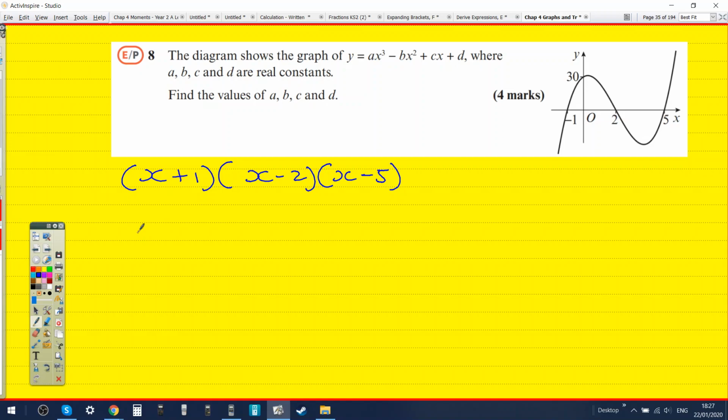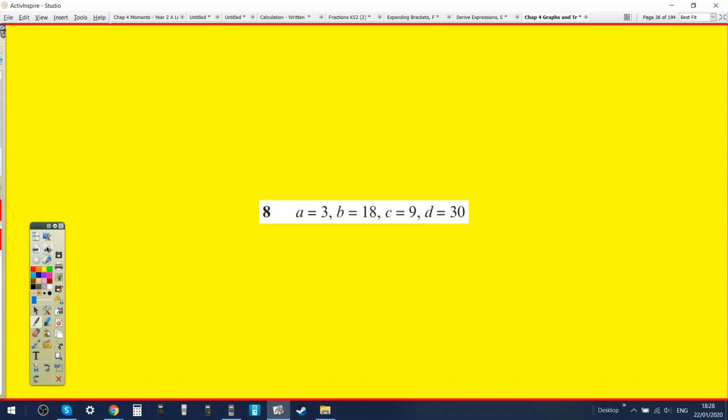Change the bracket. What would you have to change it to, so you would end up with 30? 3x minus 15. Yeah. So any of them times by 3, and I could just put the 3 on the outside. Yeah, so A is 3, and then the rest of them you would just fully expand.